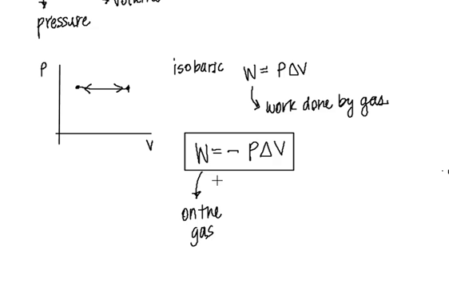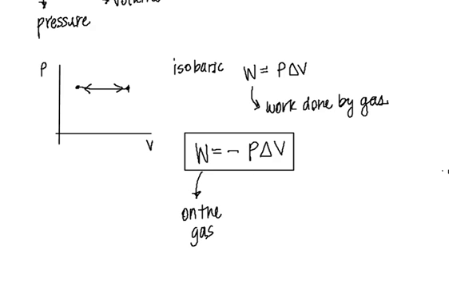Its change in energy is going to be negative because it has taken some of its energy and transferred it to something else. That's the difference in by and on. Now, for this one, the volume increases or decreases, and the work done on the gas could be positive or negative depending on the change in the volume.